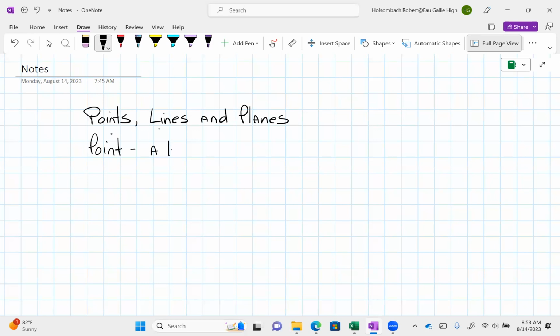Point. That's a location. Has no shape or size.